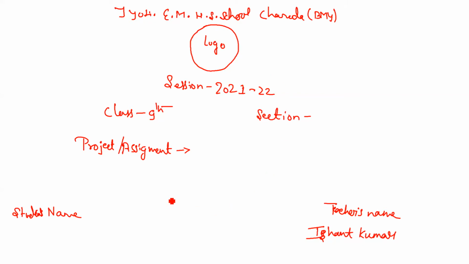Next, on the second page, you have to mention the index. In the index, two columns will be there. One will be the contents column and one will be the page number column. In the contents column, you have to write down the different topics which you are going to include, such as first, the definition of atom.